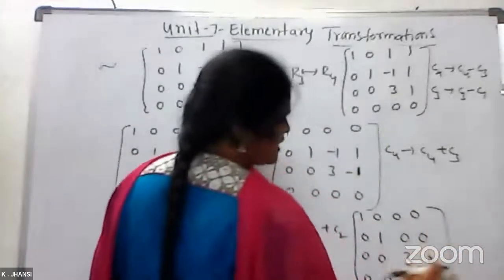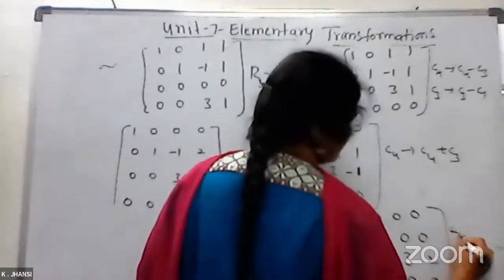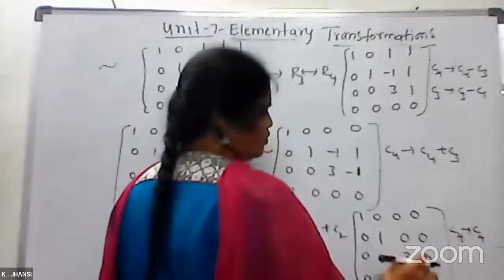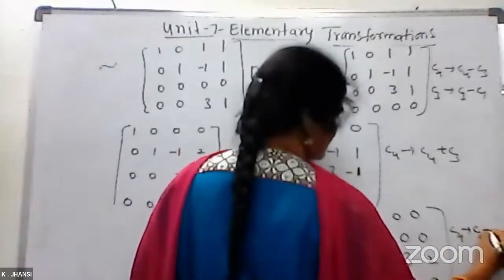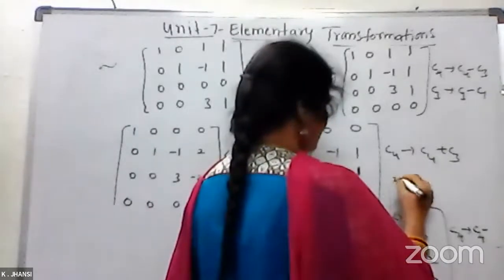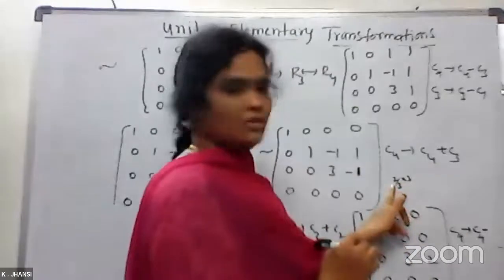You have to make this 0. You can write C4. C4 is 2, 2 minus... If you multiply with 2 by 3, what will you get? 3 will get cancelled, 2.